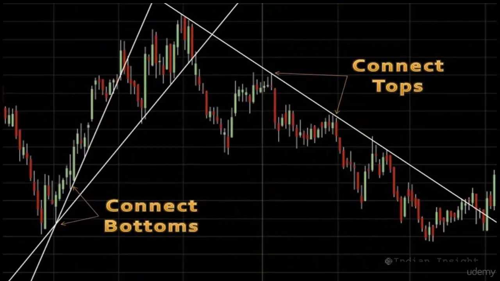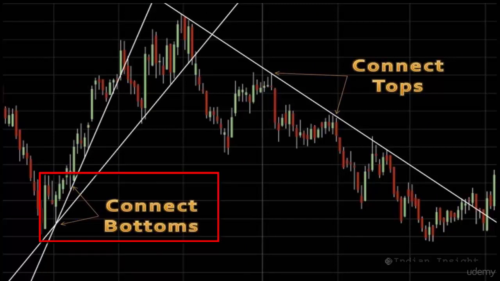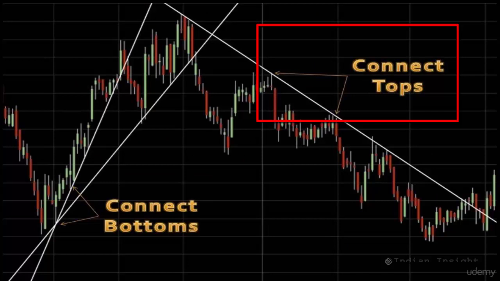Now let's formally look at how we can draw trend lines. As you would already know, a line can be drawn by joining any 2 points. So in order to draw a trend line, we need to determine 2 points. In case of an uptrend, these 2 points are supposed to be two minor counter-trend reversal bottom points, while in case of downward trending lines, these 2 points are supposed to be two minor top reversal points to establish a downward sloping trend line.